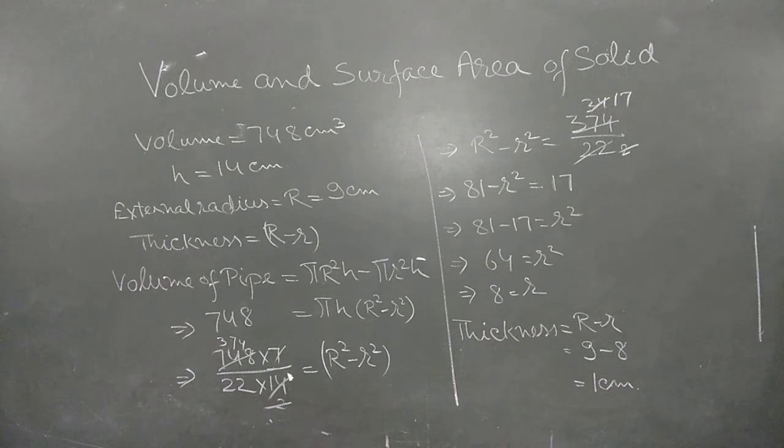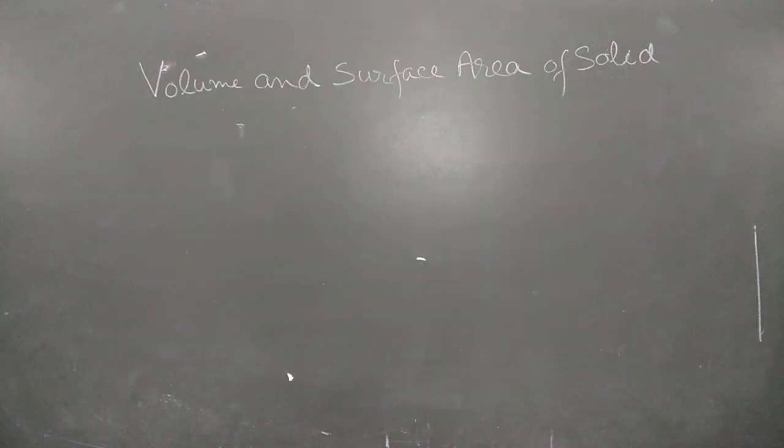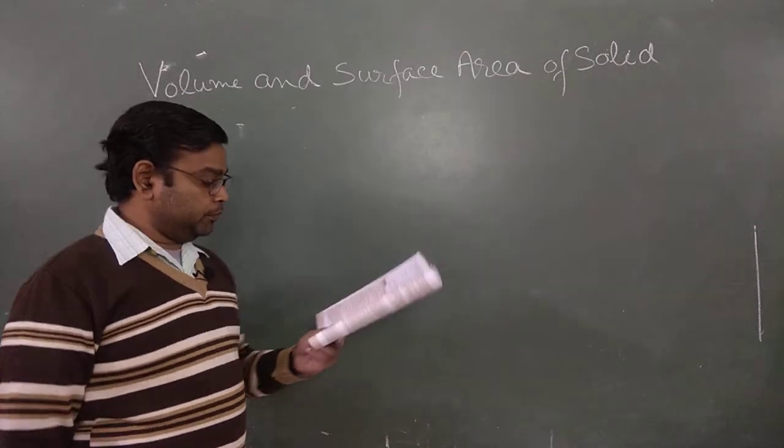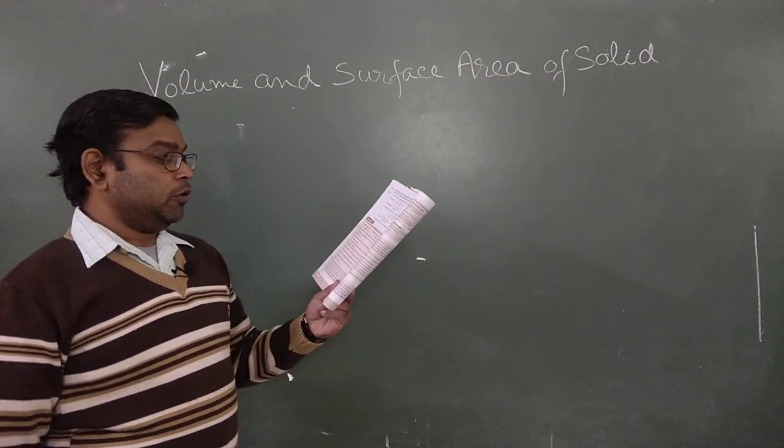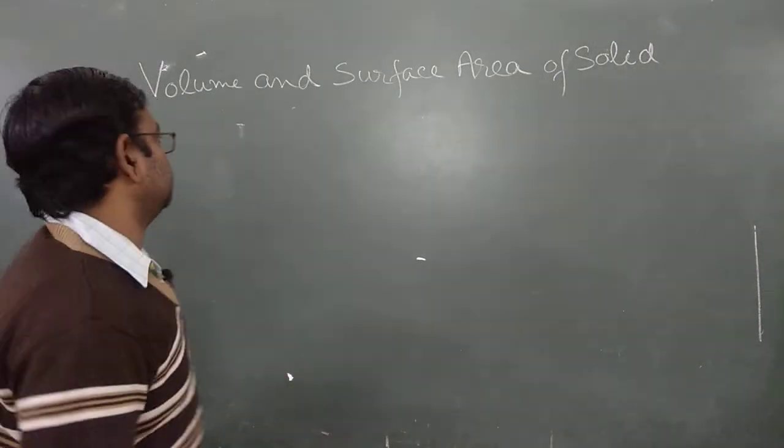Move to the next question, and this is the last question of today. This question says that two right circular cylinders of equal volume have their heights in the ratio 1:2. What is the ratio of their radii?